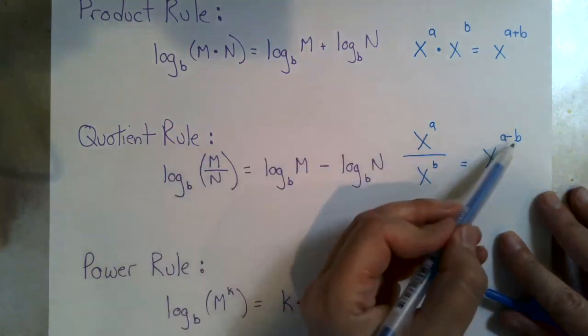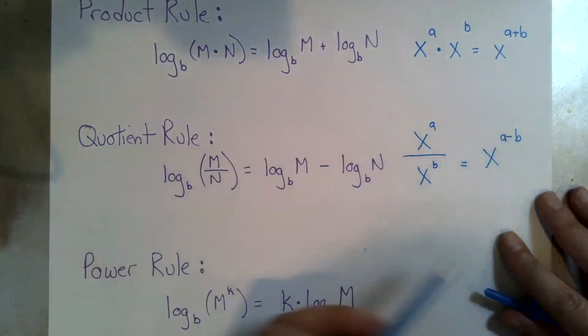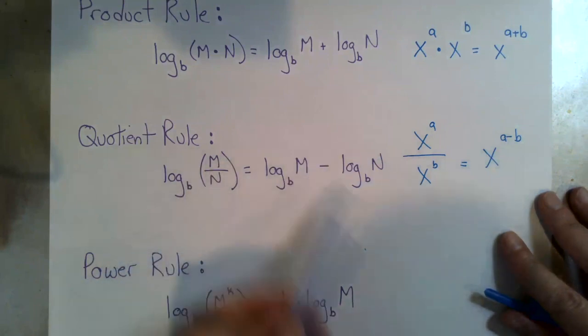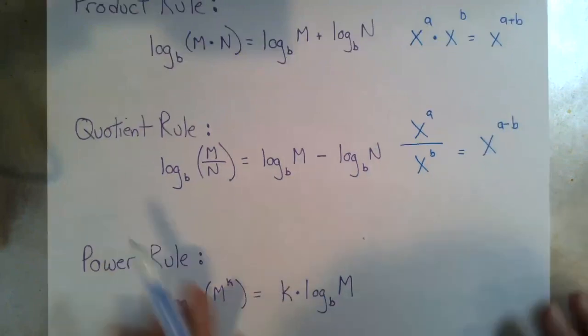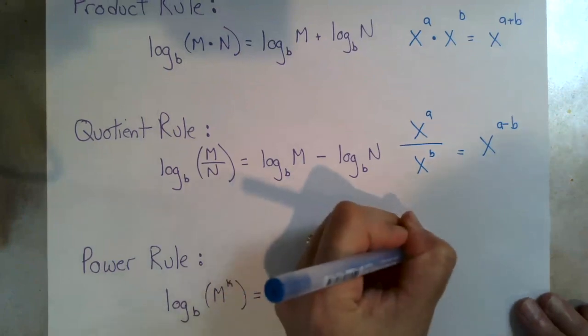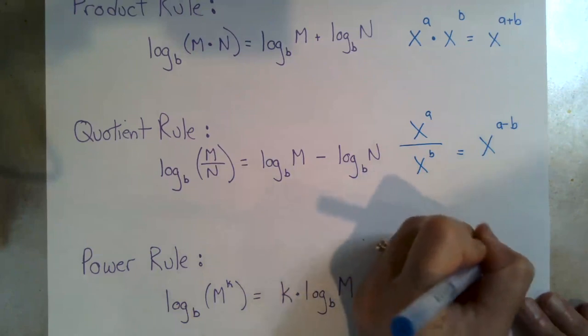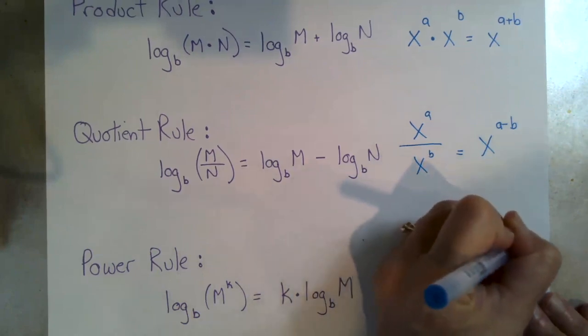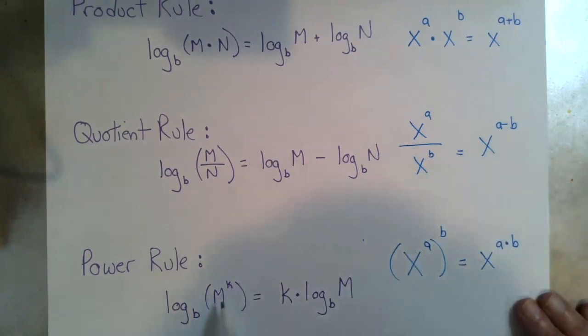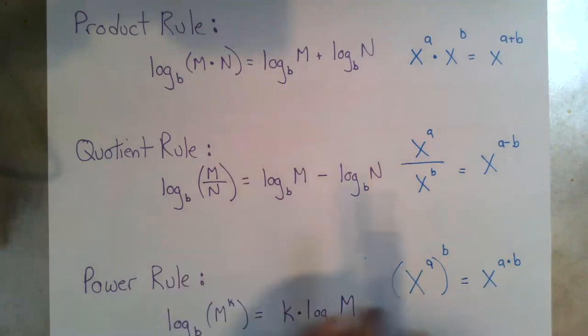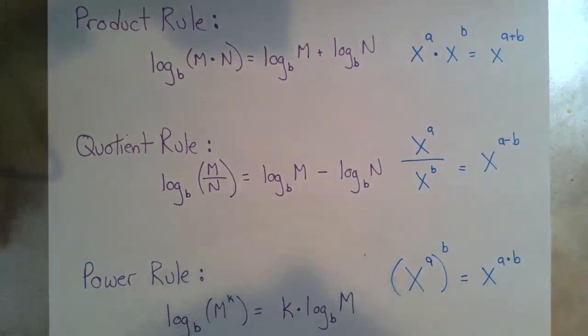Division turns into subtraction. And then finally, when we have x to the a raised to the b, that becomes x to the a times b. Raising to a power turns into multiplication. So the log rules and the exponent rules share similarities.